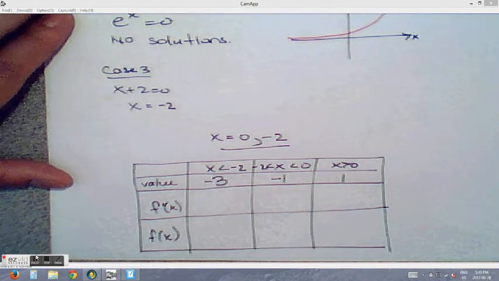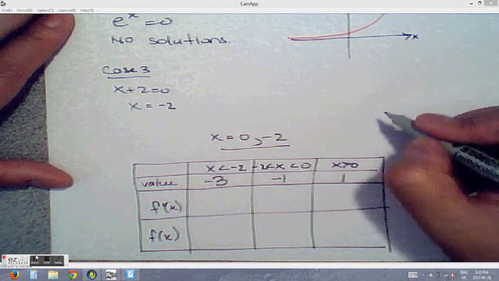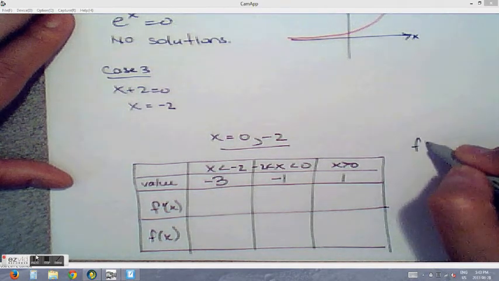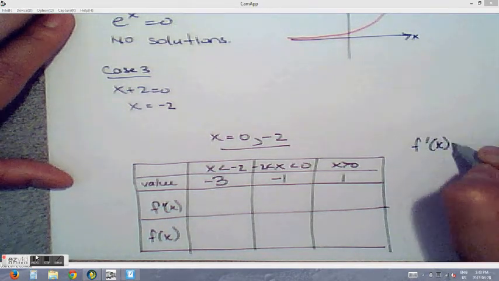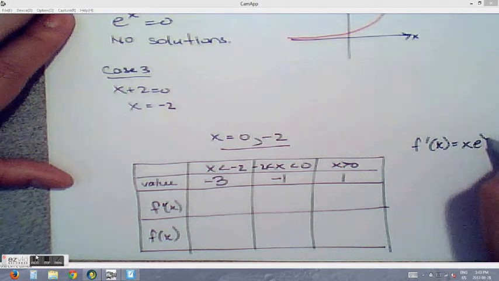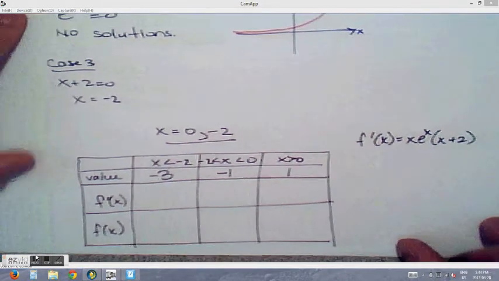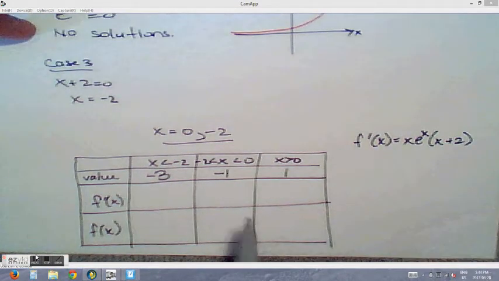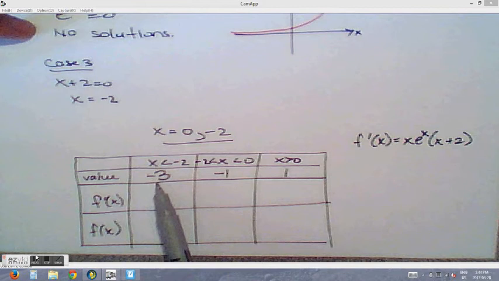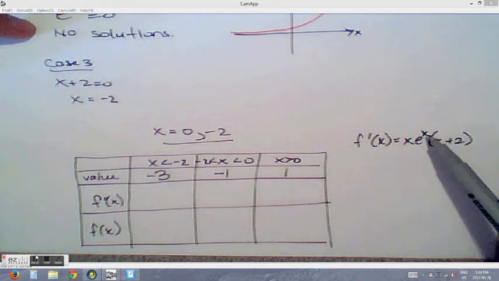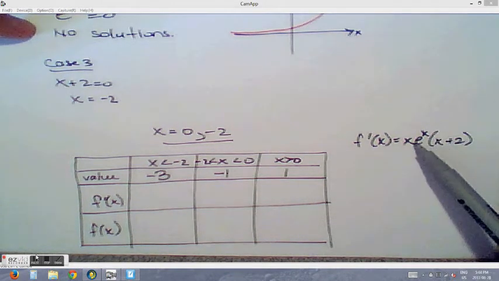Okay, so what we're going to do now is take our derivative. I'm going to rewrite it so that we have it over here on the side: x e to the x, x plus 2. If we were to plug in negative 3, wherever there's an x, e to the x will always be positive.